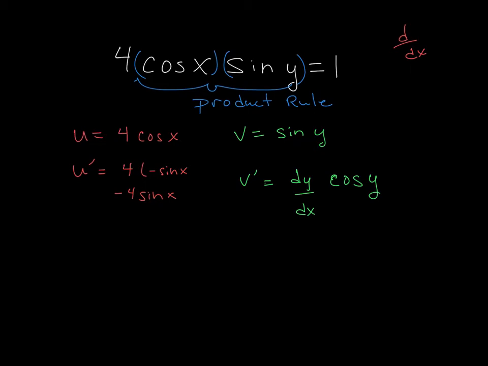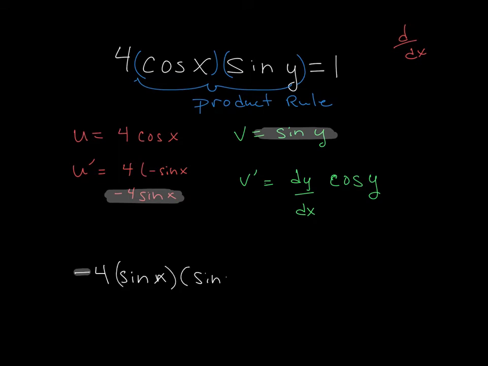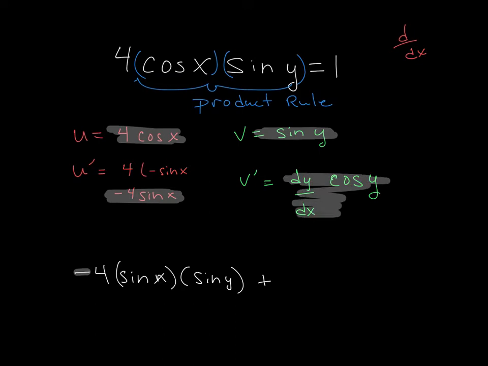All right, so what are we left with? We are left with minus 4 sine of x times the sine of y. I add that to 4 cosine of x times dy/dx times cosine of y. That leaves us with minus 4 sine of x sine of y plus dy/dx times 4 cosine of x cosine of y is equal to 0.